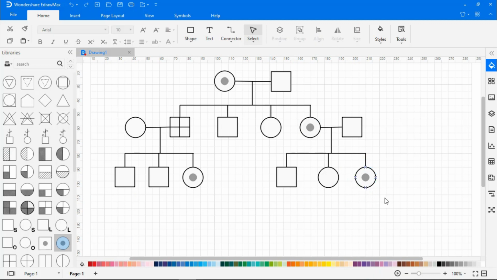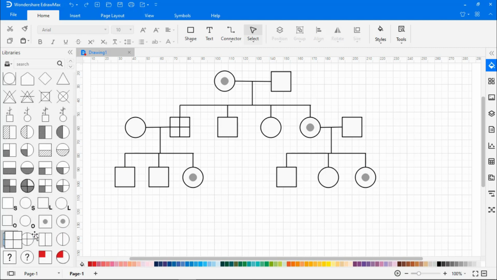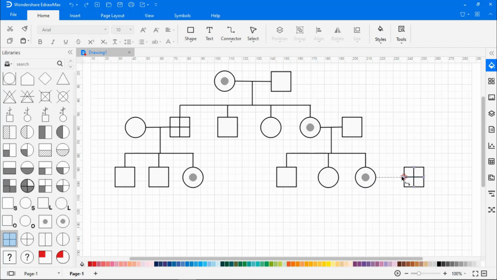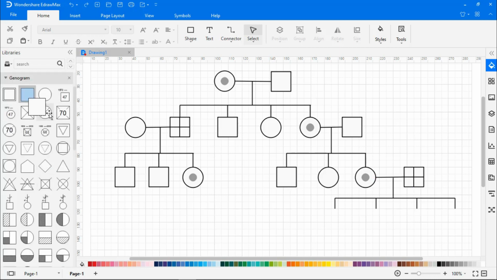Now, how about when a carrier female marries an affected male and has kids? The sons receive only the Y gene from their father. The first child is normal.